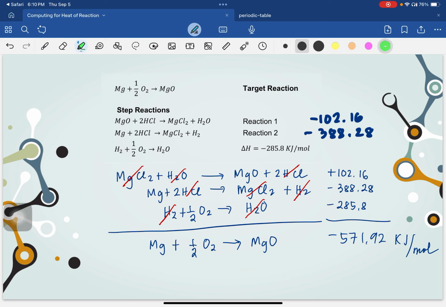So this is our answer with that given data. Now, I believe in the experiment, there was a given heat of reaction expected. So you have to just first get the percentage difference. So I hope this helps you in solving for heat of reaction, and this will help you in the experiment data that you'll be producing for your final. Okay, thank you so much, and until next video.